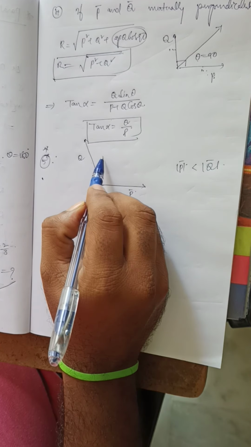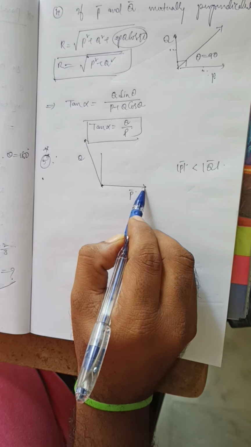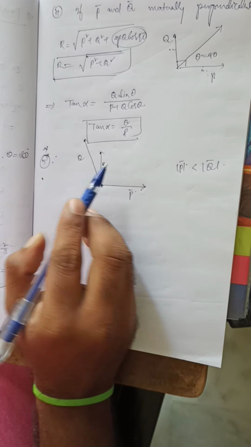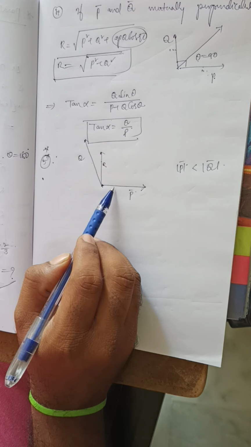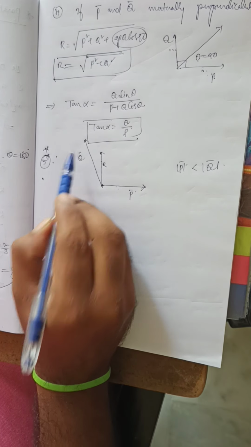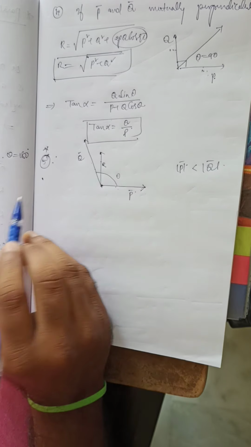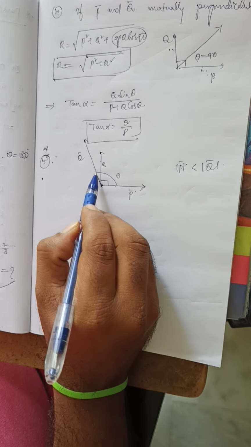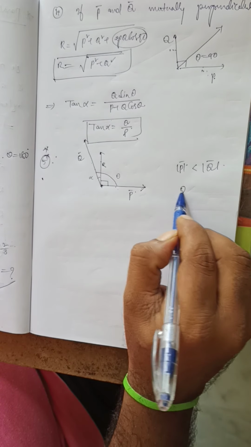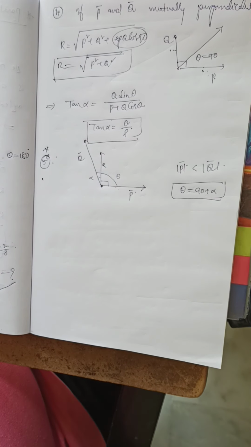Now the resultant of these two vectors will be perpendicular to the smaller magnitude vector. This will be the resultant vector. When the resultant vector is perpendicular to either vector, then the angle between the two vectors must be greater than 90. So that's why here it is angle theta. Already it's 90. Then if it is alpha, then theta is equal to 90 plus alpha. This is the angle between two vectors.